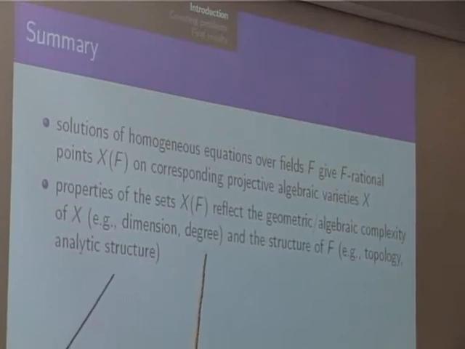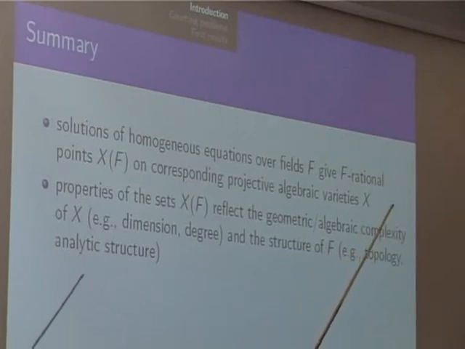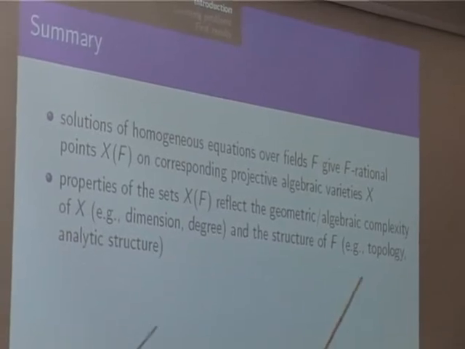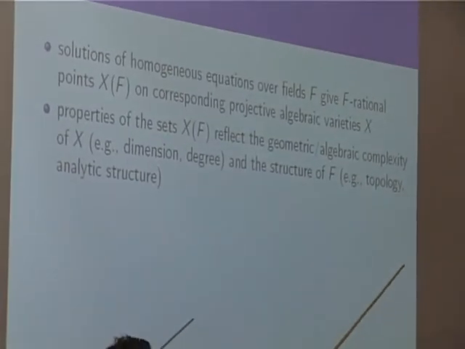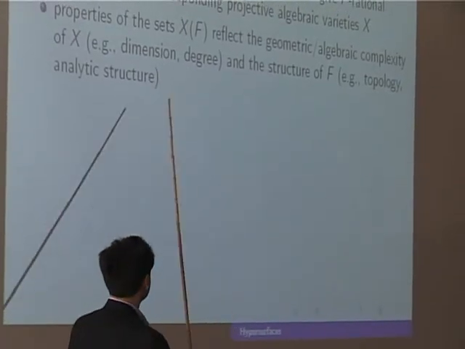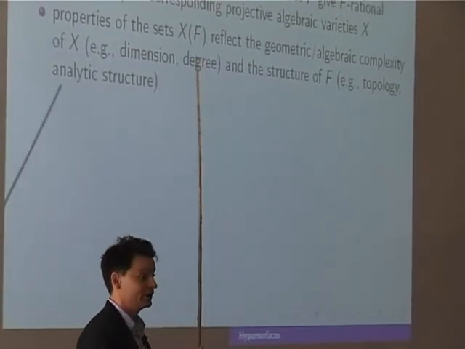Now, on the one hand, we have the algebraic complexity of the equations, degree, what we've seen before, number of variables. On the other hand, we also have the properties of the rings we put in: finite field, rational numbers, complex function field, or the real numbers.